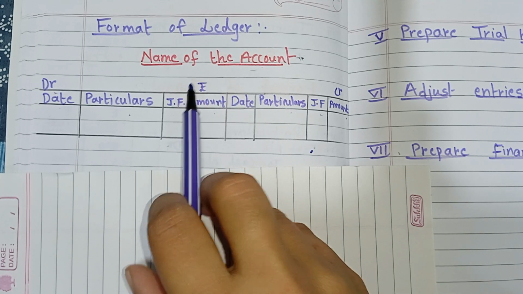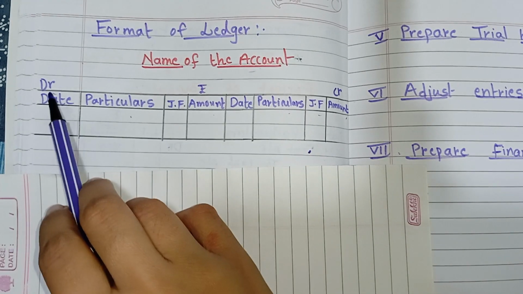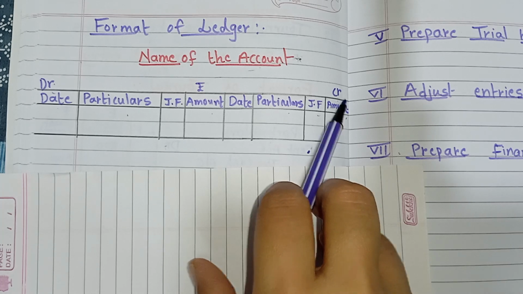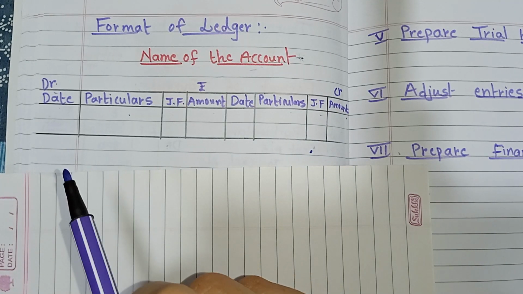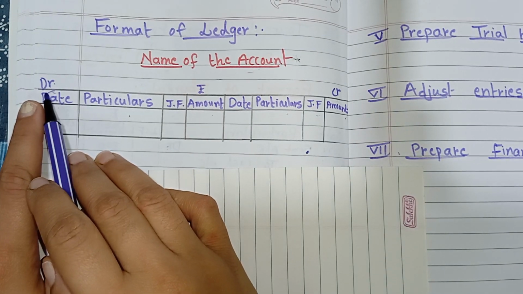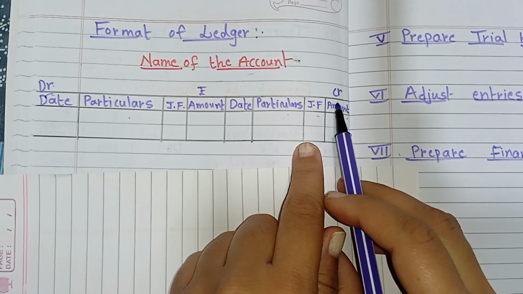Fine. After that, debit and credit. Debit means the debit side of the account, that is the left side here, and credit means the credit side of the account at the right side.